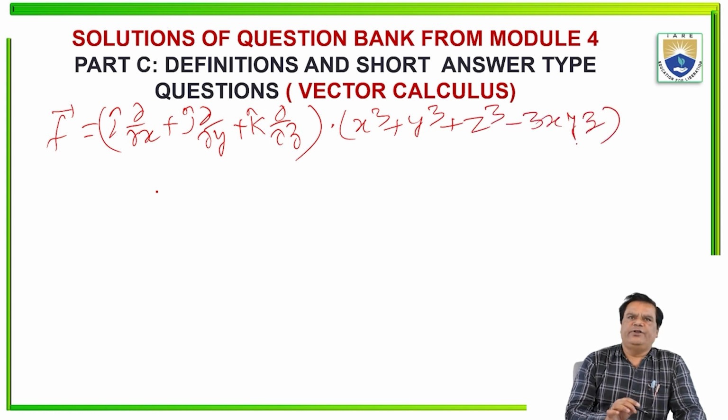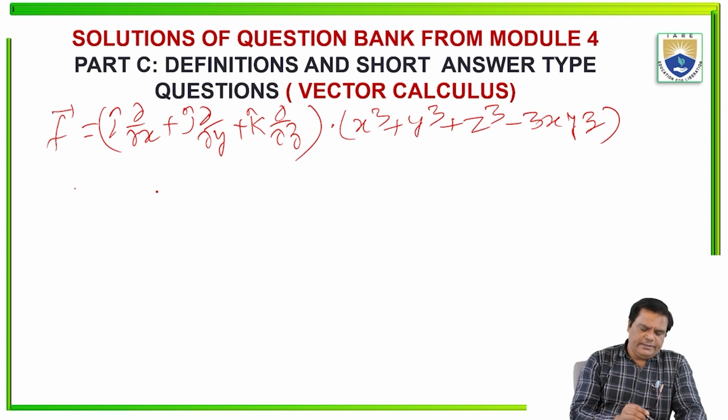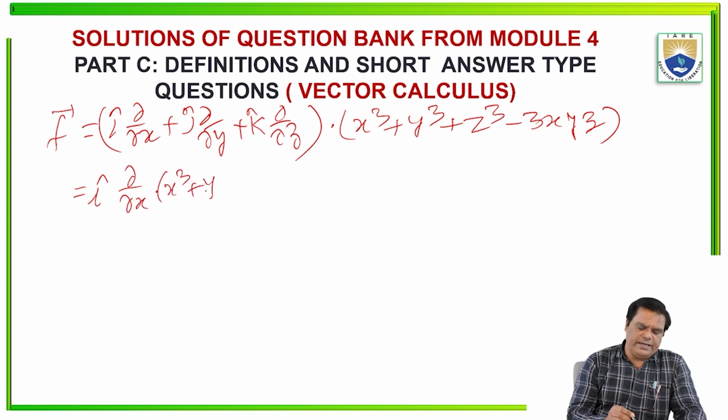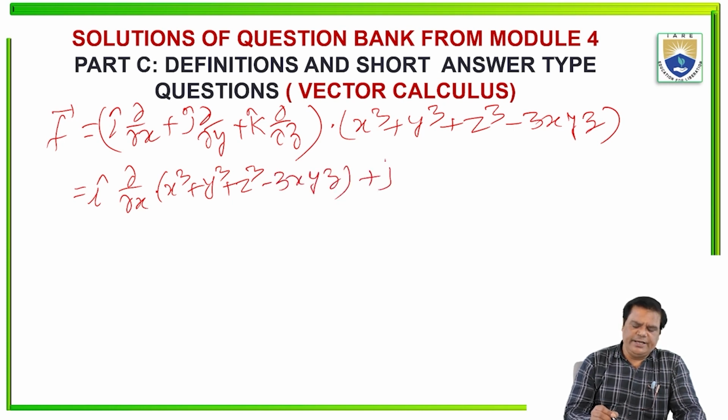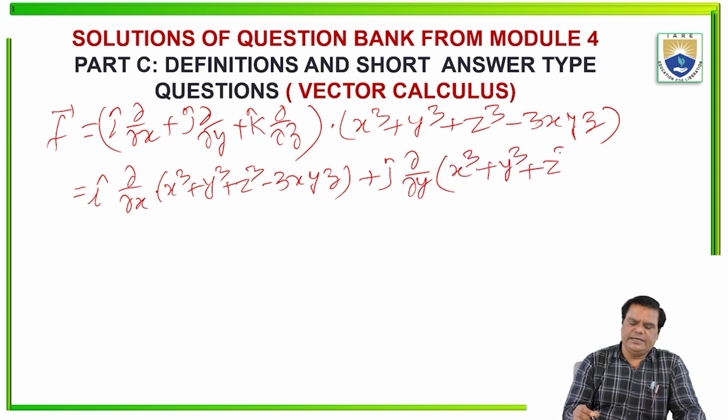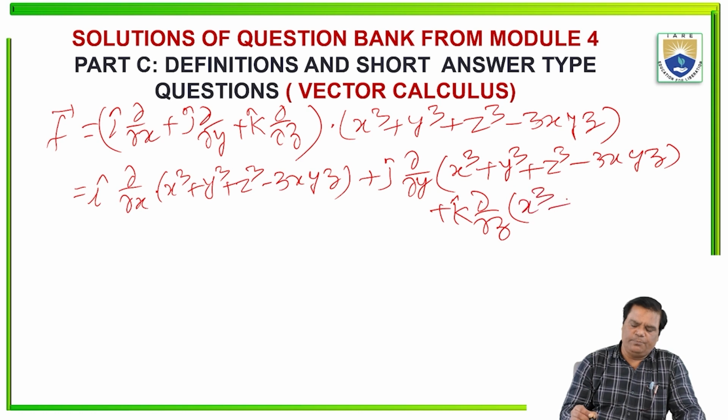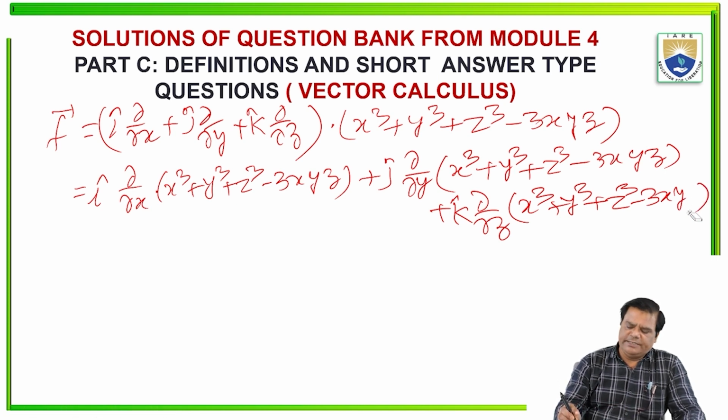Now differentiating this, this is equal to i dou over dou x of x cube plus y cube plus z cube minus 3xyz, plus j dou over dou y of the same, plus k dou over dou z of x cube plus y cube plus z cube minus 3xyz.